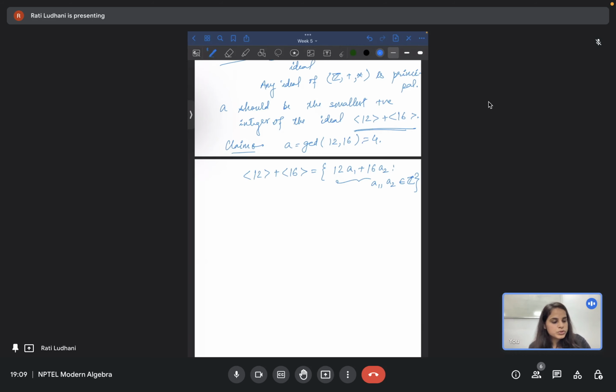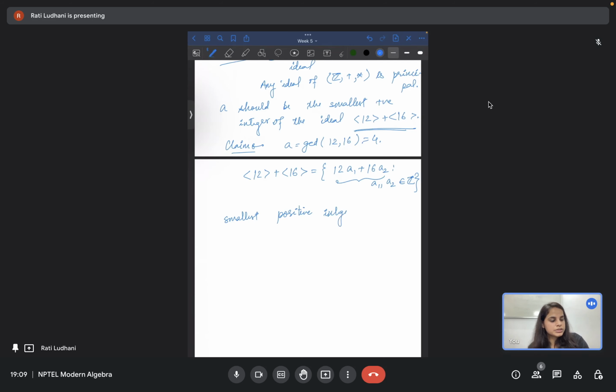So if you want the smallest positive integer, this is exactly the definition of GCD.